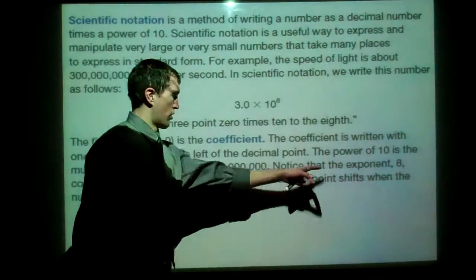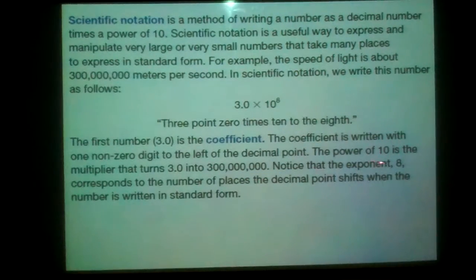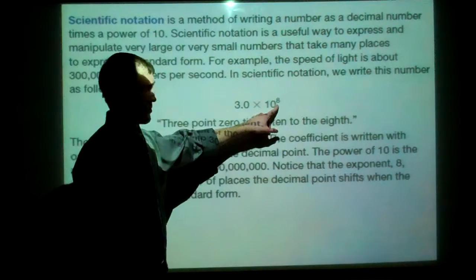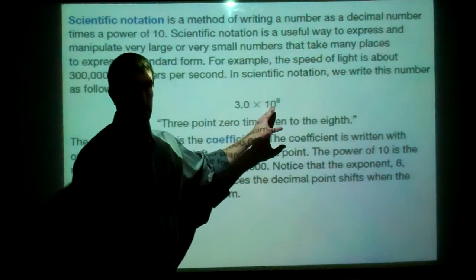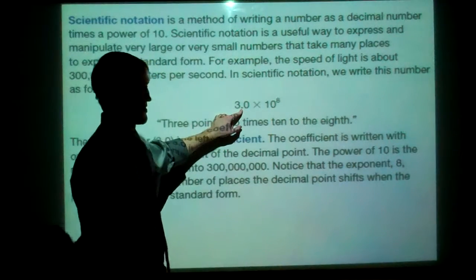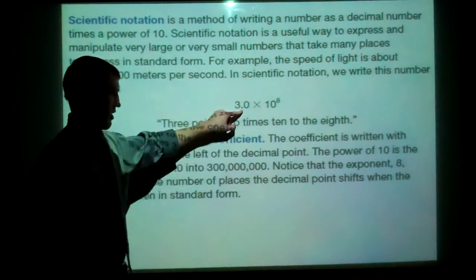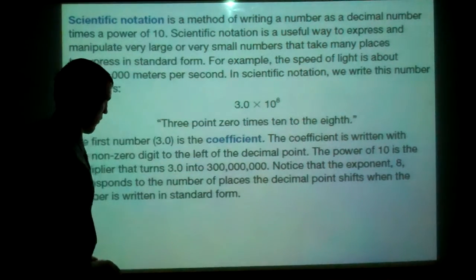And it says to notice that the exponent, which is 8, corresponds to the number of places the decimal point shifts when the number is written in standard form. So this 8 here, this is one of our objectives, and it's 10 to the 8th. That tells us that this decimal is going to move 8 spots to the right. And wherever we have a spot, we fill in with a 0.